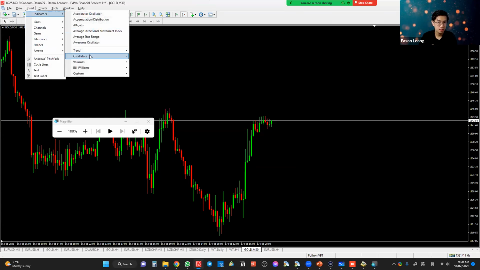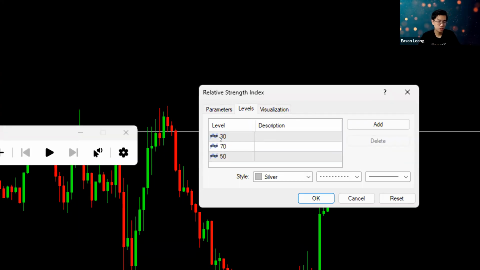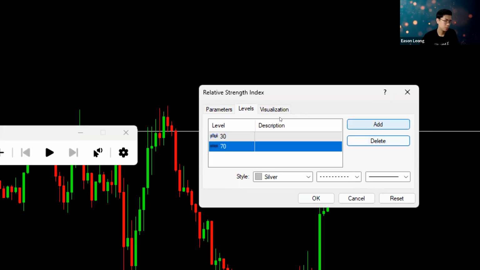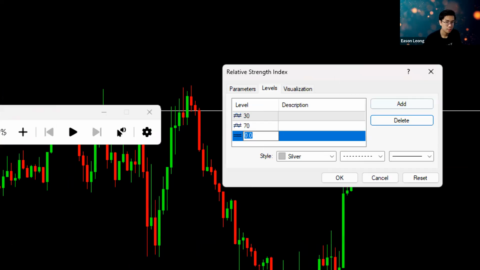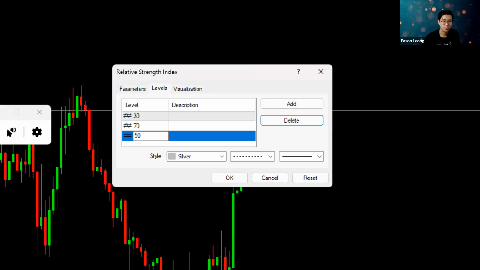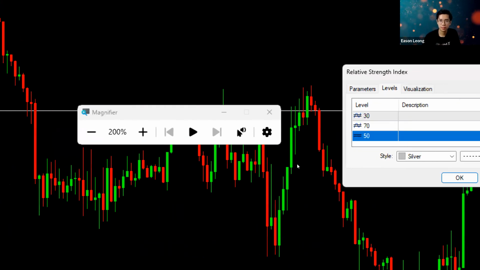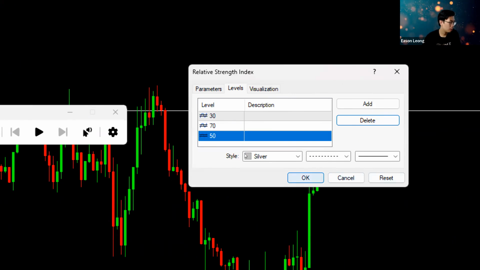Insert indicator, oscillator, and relative strength index. Now over here you should not have a 50 line, so click the add button and type 50 into the edit box here. So 30, 70, 50. After that, click OK.